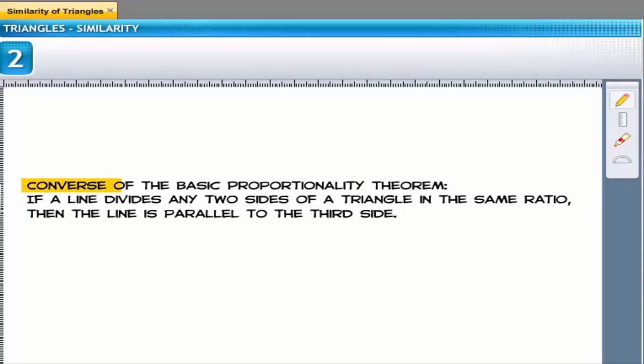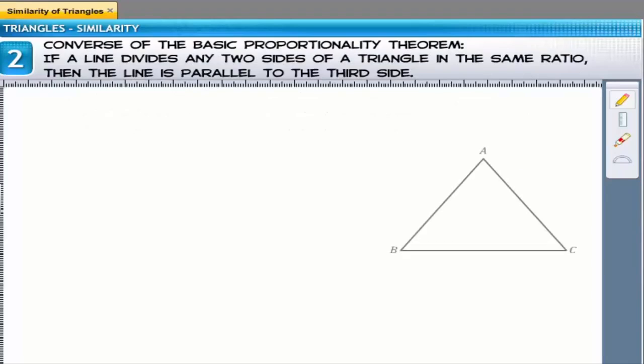Now, let's prove the converse of the basic proportionality theorem. The converse of the theorem states that if a line divides any two sides of a triangle in the same ratio, then the line is parallel to the third side. Consider the figure. A triangle ABC is given. The line DE intersects sides AB and AC at points D and E respectively, such that the sides are divided in the same ratio.